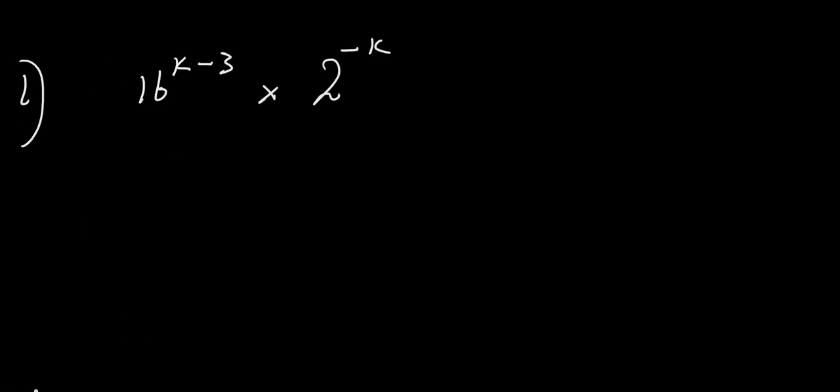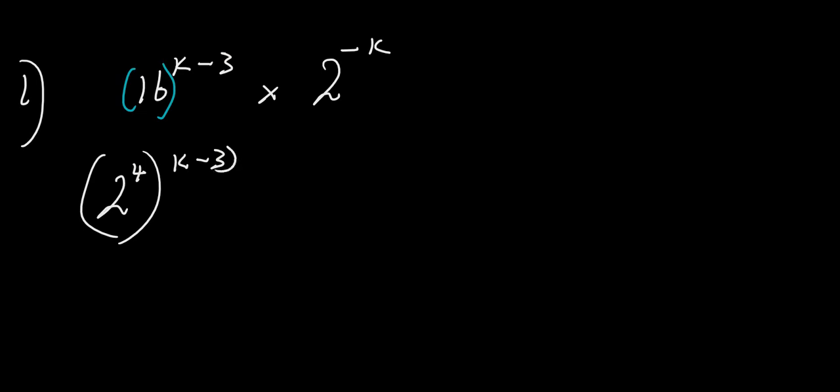All right, question L, we have 16 exponent k minus 3 times 2 exponent negative k. So the first task is to change 16 to 2 exponent 4. So this will become 2 exponent 4 in parentheses and exponent k minus 3. So you can as well place this in parentheses and then times 2 exponent negative k.